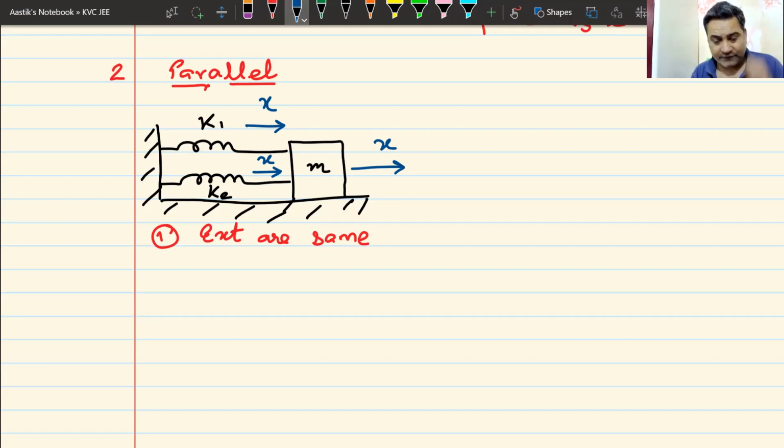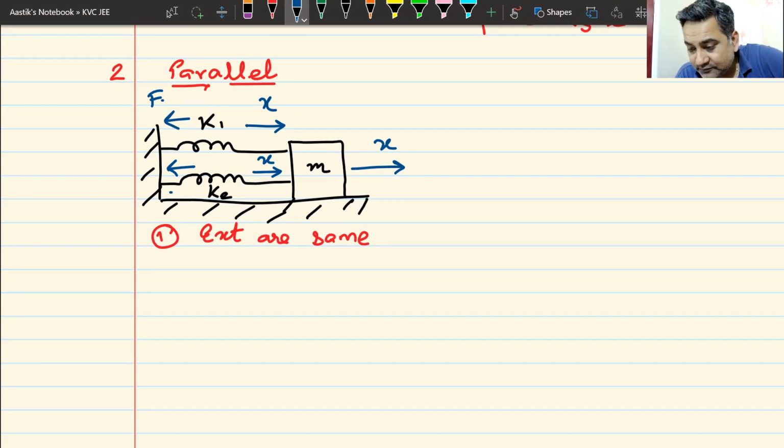Now let us talk about the force. The spring has been extended, so this spring will try to pull it here and this spring will also try to pull it here. Now tell me, instead of me giving the answer, what about the force in the springs? Will it be the same or will it be different? Extensions are the same.